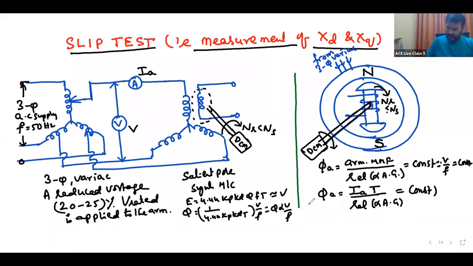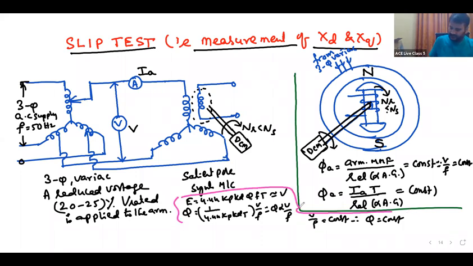If voltage and frequency are constant, then flux will be constant. So this is one of the important statements.